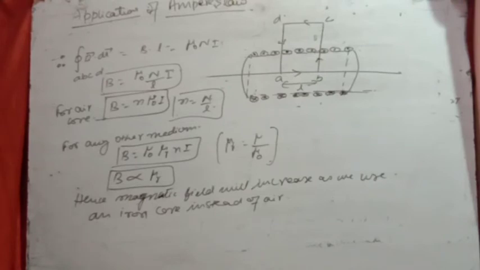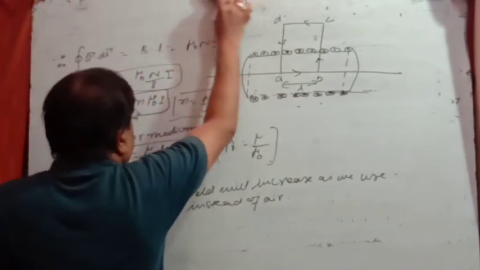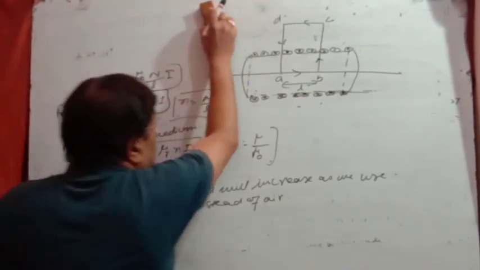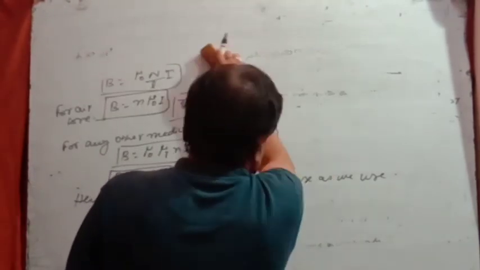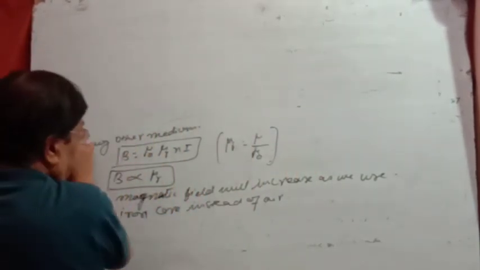So it is the application of Ampere's law, that is solenoid. Now we are taking another, last application of Ampere's law, that is toroids.